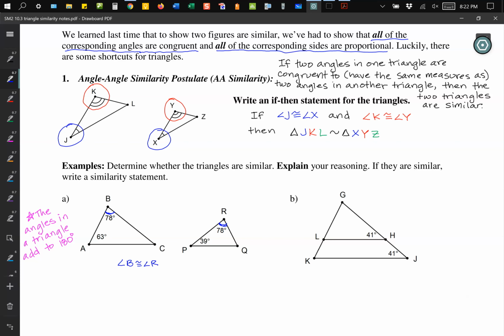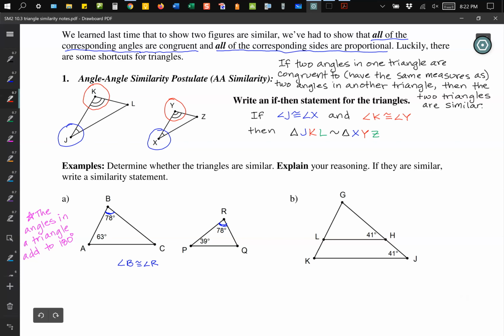Then in triangle ABC, I have a 63-degree angle, and in triangle PQR, I have a 39-degree angle. So those obviously are not congruent, but I also have an angle that isn't labeled in each triangle. And because I know the angles in a triangle add to 180 degrees, I can figure out how big that angle is. So if angle C turns out to be 39 degrees, the two triangles would be similar.